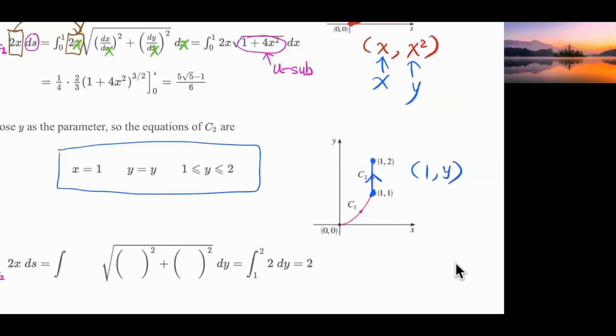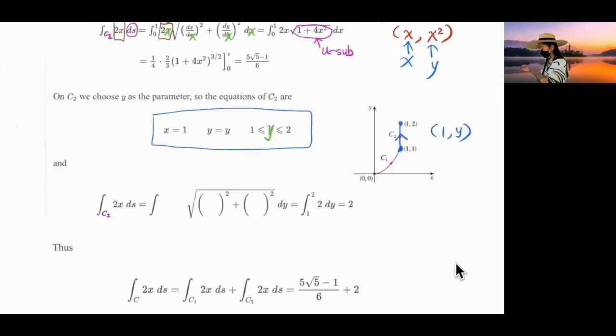So we have this pair of parametric equations right here. Literally, the parameter here will be y. y is in place of the t, in this case, for this piece of curve. Now when we do that, we have this dy over here.